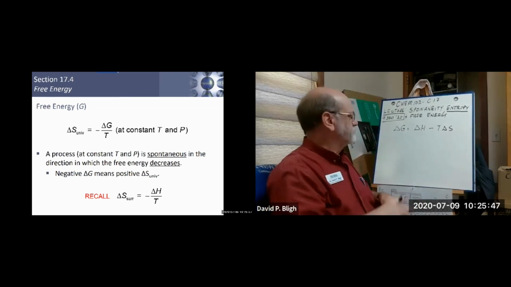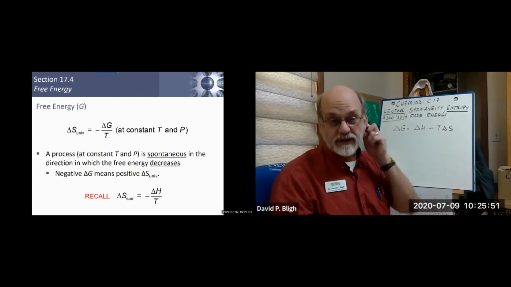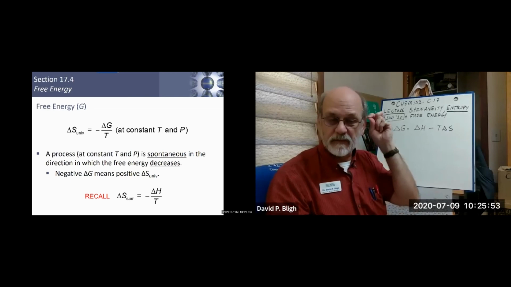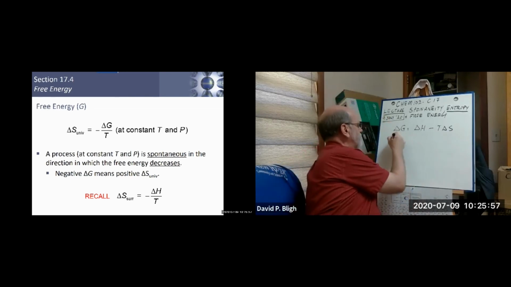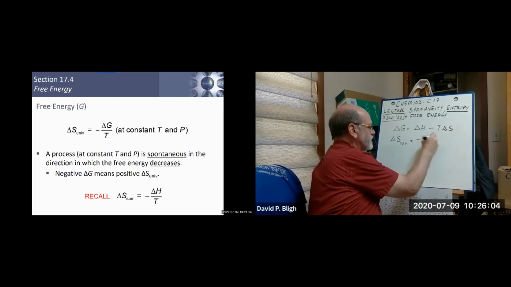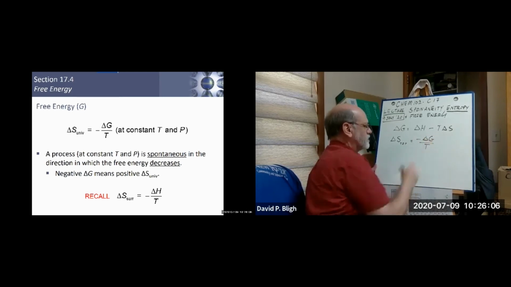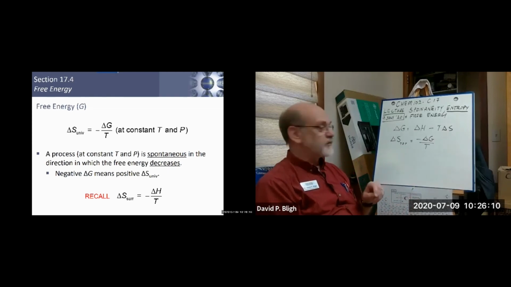All right. So here we have the authors giving us delta S universe, which is delta S total, actually. And delta S total is equal to a negative delta G over T. That's for constant temperature and pressure.